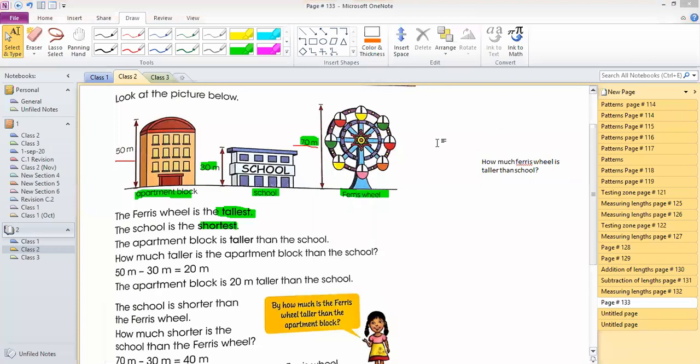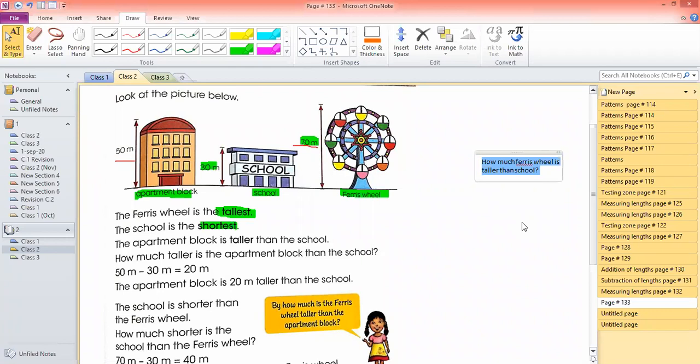Okay, tell me one thing, what you're going to do. I'm going to take one of the students. Umar Hassan. Yes, Umar, can you tell me how much the Ferris wheel is taller than the school?